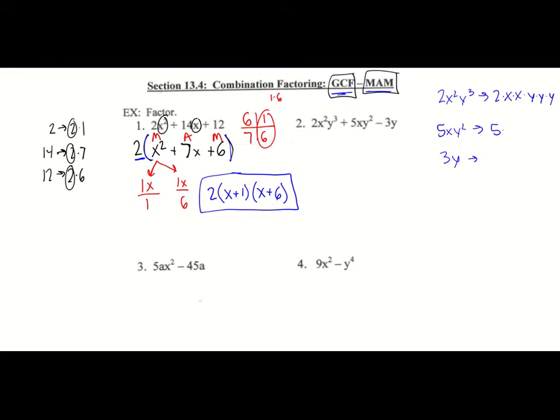Then we get 5 times x times y, and 3 times y. I see in all 3 of those I have a y, so I can pull y outside of my trinomial. When I do that, I'm left with 2x squared y squared plus 5xy minus 3.